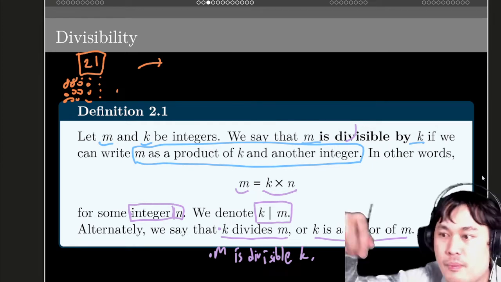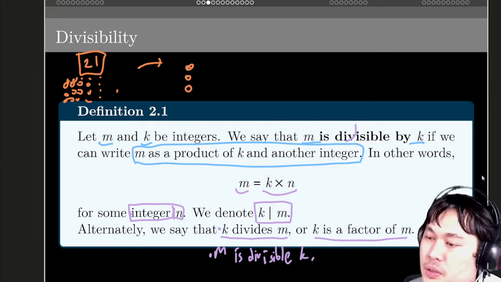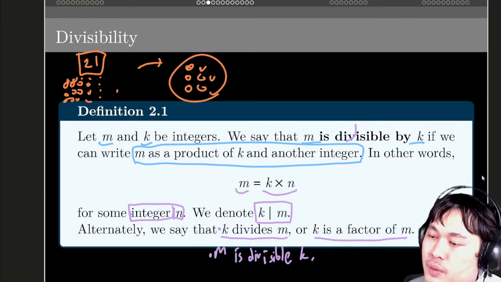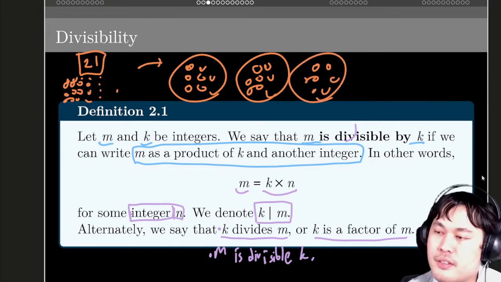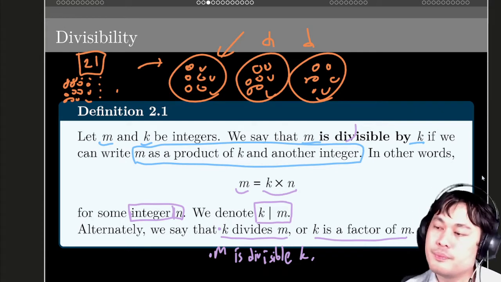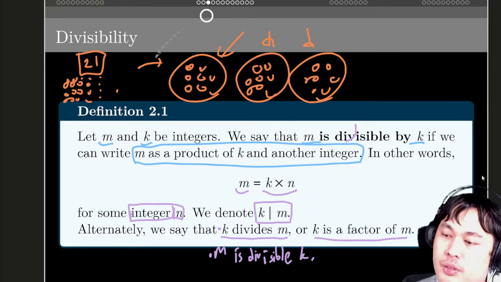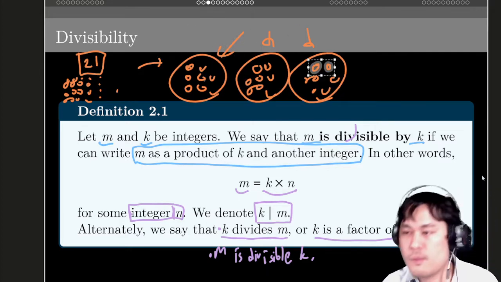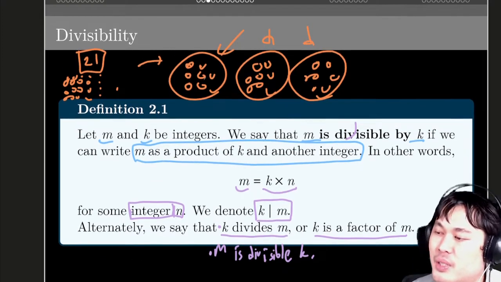And one way you could divide them is into groups of 7. That's 7, that's 7, that's 7. So that's 3 groups, and each group has 7 balls. That means we can divide 21 balls into 3 groups. That's the intuition behind the word divisible.